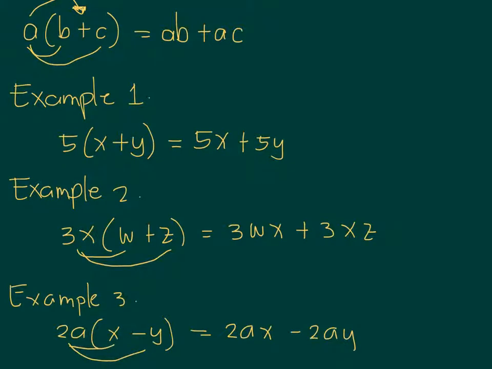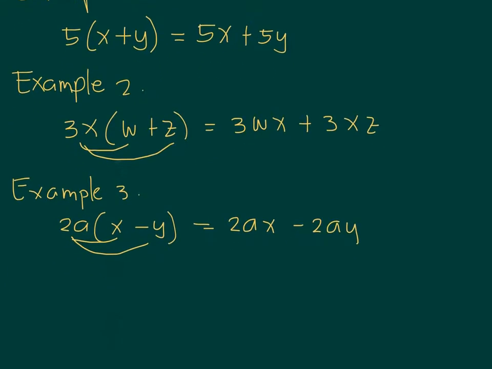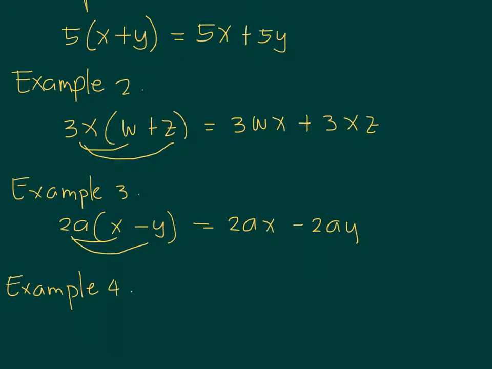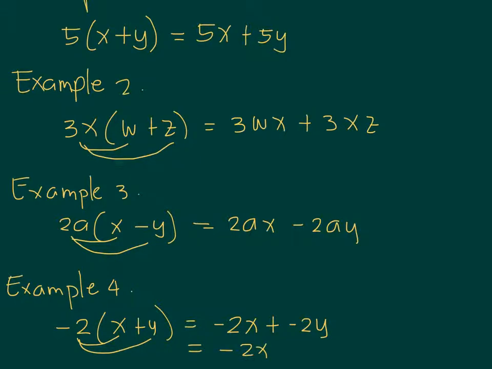Now sometimes the expressions will involve some minus sign. So negative 2 times x plus y is negative 2x plus negative 2y. So it's negative 2 to the x, negative 2 to the y, or simply negative 2x minus 2y.